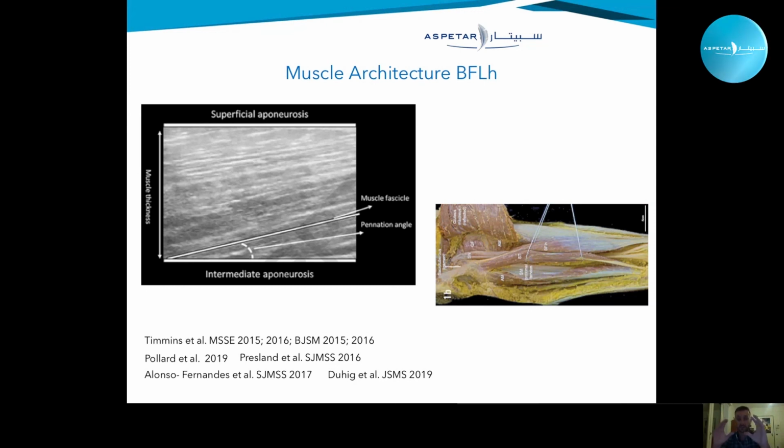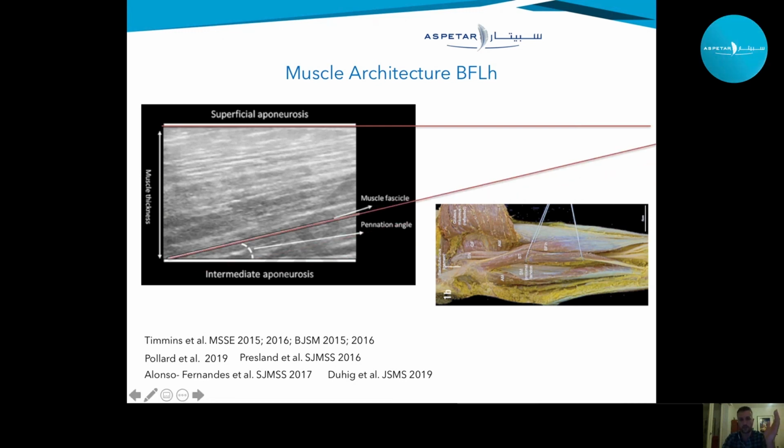Biceps femoris has a very inhomogeneous architecture, and when we place the probe on this muscle right here, if we have a small field of view, which is about 4.4, 4.7 centimeters, we have to extrapolate this fascicle right here. And you can see that it's a very big extrapolation compared to what we see.